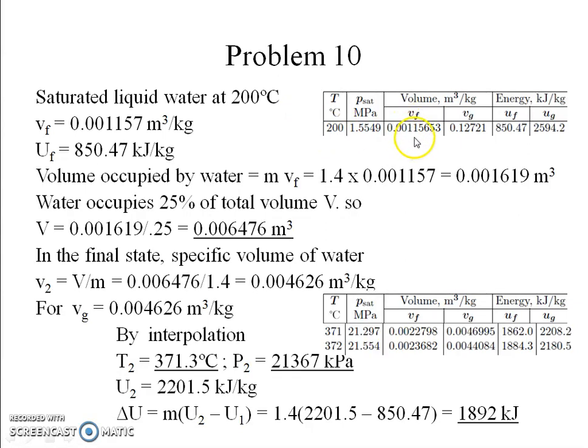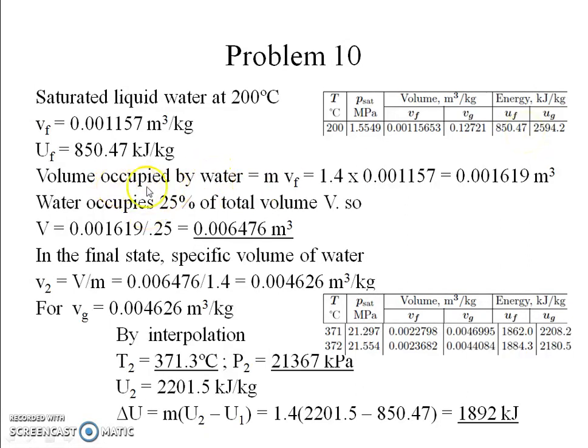The specific volume is 0.001156 meter cube per kg, and its internal energy, because it's liquid, we read the value Uf, which is 850.47 kilojoules per kg.